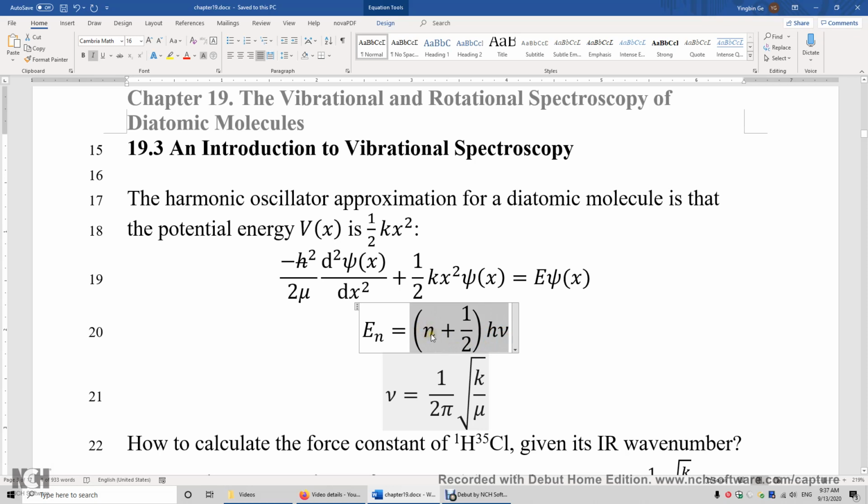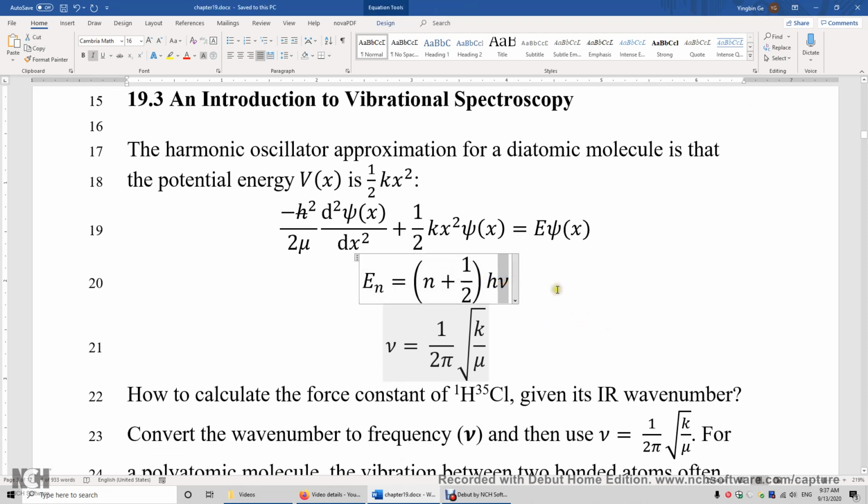So n can be 0, 1, 2, 3, 4. This equation tells you the vibrational energy of a diatomic molecule can never be 0. It's always positive. The minimum vibrational energy is 1/2 h nu.